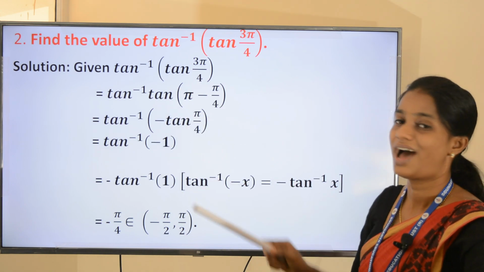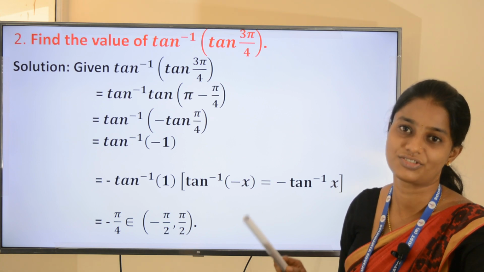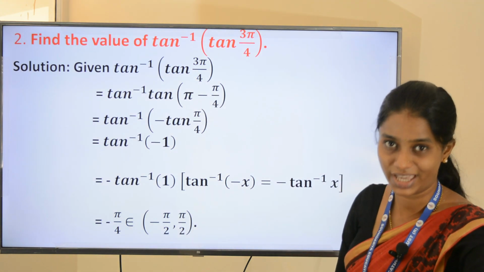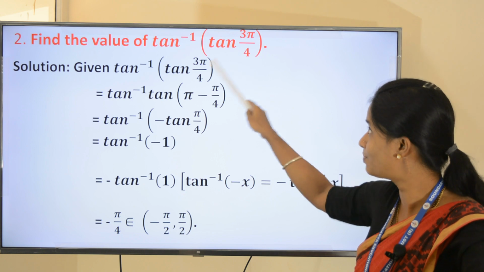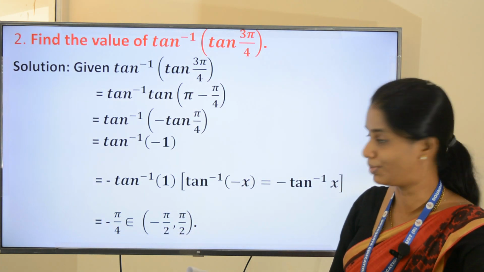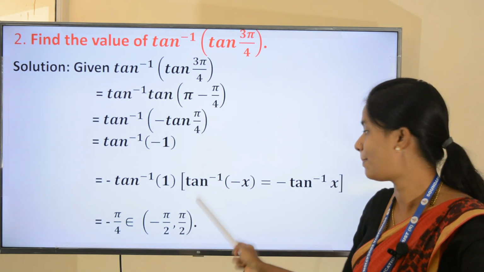Then later on I have simplified using the trigonometry and inverse trigonometric function results. Then I got the final answer. The principal value of this particular function is minus pi by 4, which belongs to the open interval minus pi by 2 comma pi by 2.